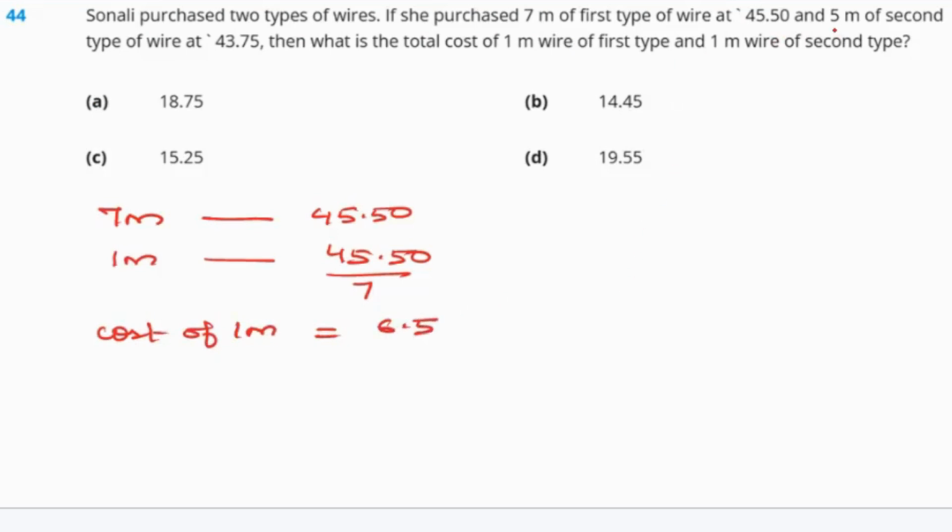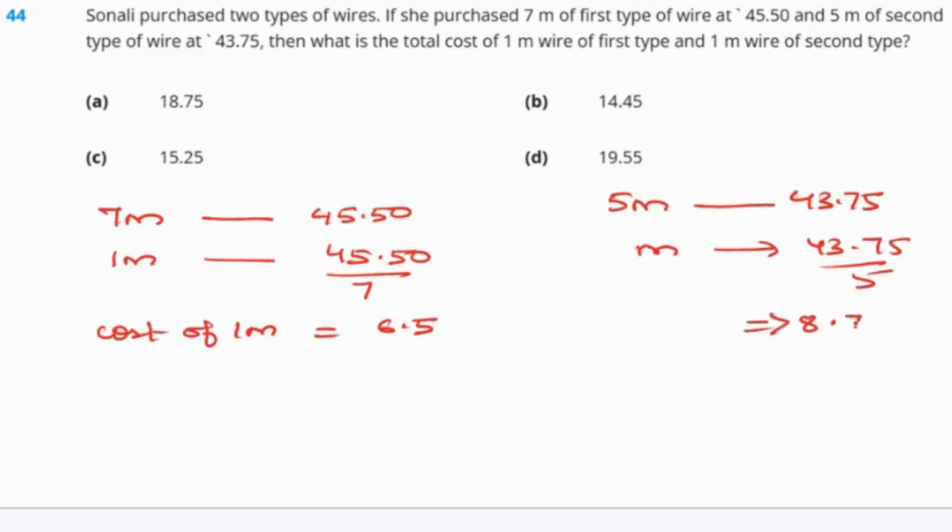Correct? On the other hand, the cost of 5 meters of the second wire is 43.75. So the cost of 1 meter of wire over here is 43.75 divided by 5. When we divide 43.75 by 5, we get 8.75.